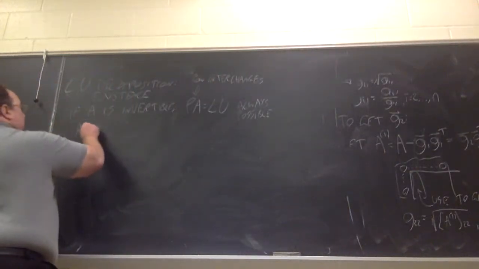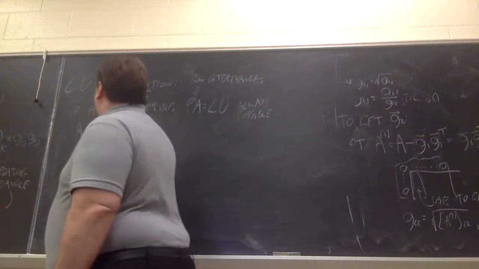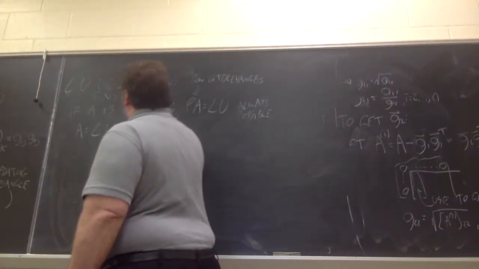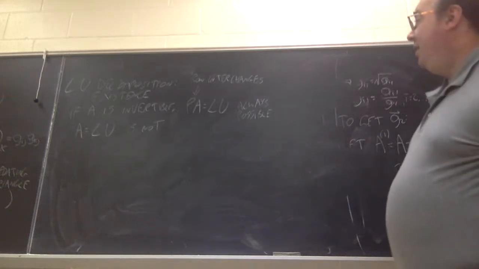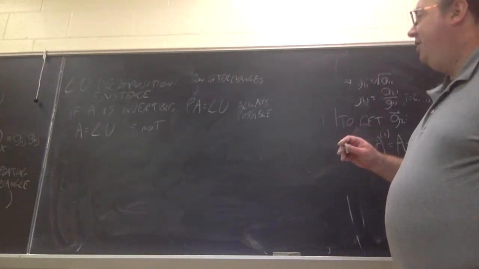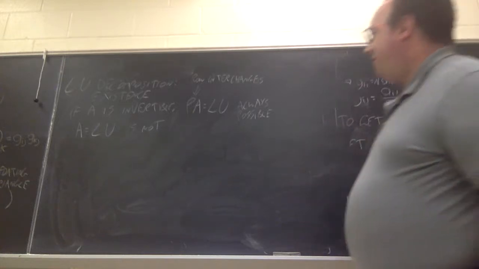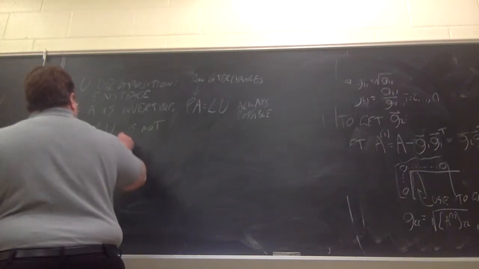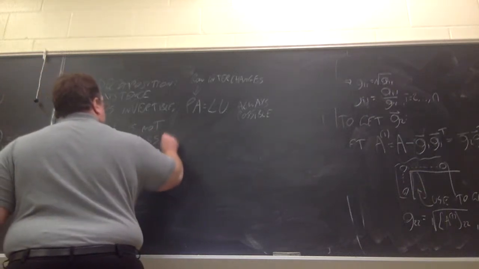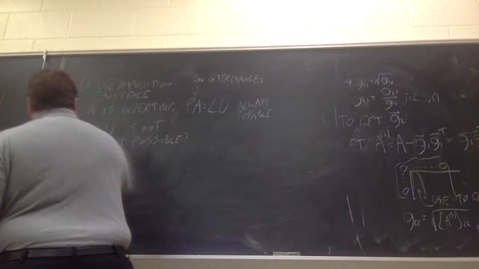But just plain old A equals LU is not necessarily possible. For instance, I have an invertible matrix where the 1-1 entry is 0. I can't factor that as A equals LU. So here's a condition for A equals LU to exist. I need to introduce some terminology for that.